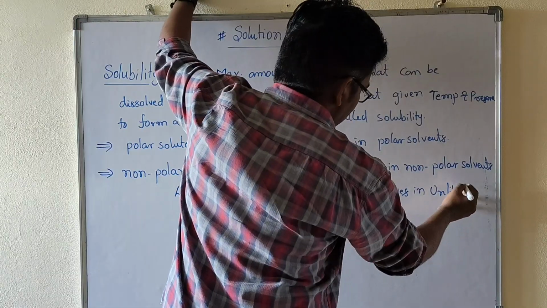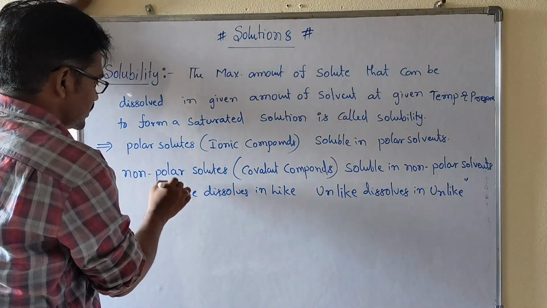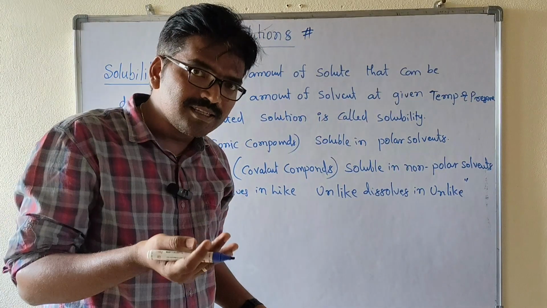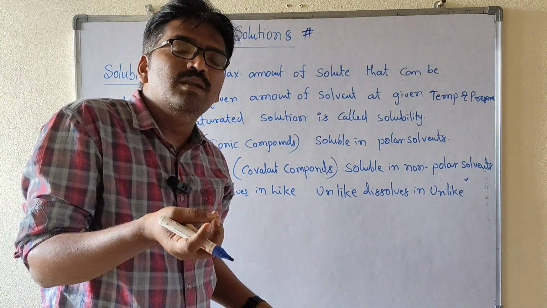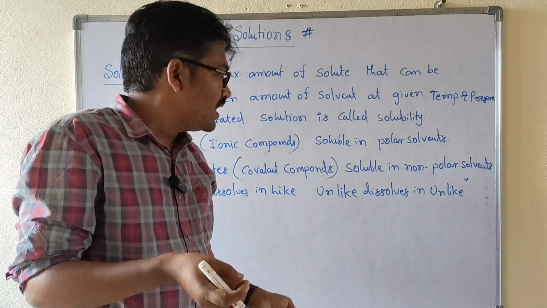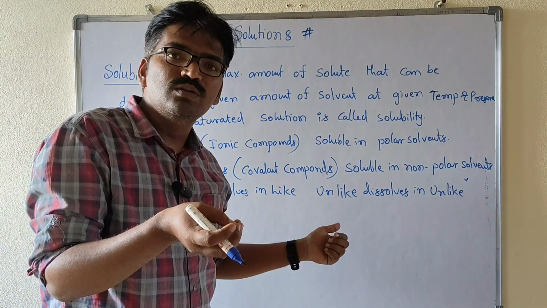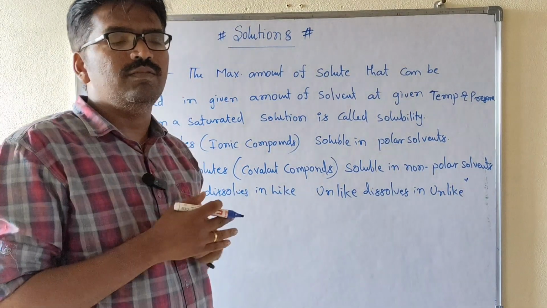That is there in the NCERT textbook also. They mention that like dissolves like means polar components can be soluble in polar solvents, and unlike dissolves unlike, nothing but non-polar solutes can be soluble in non-polar solvents.